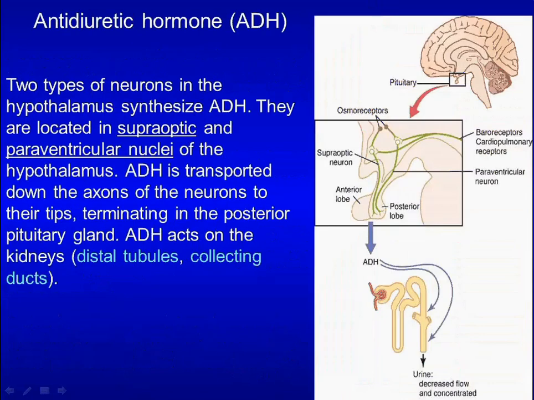As I have described to you earlier, ADH is synthesized in the supraoptic and paraventricular nuclei of the hypothalamus. Here are the osmoreceptors, here is the supraoptic neuron, and this is the paraventricular neuron. ADH is secreted from the posterior pituitary and acts on the distal tubular and collecting ducts in the kidney.